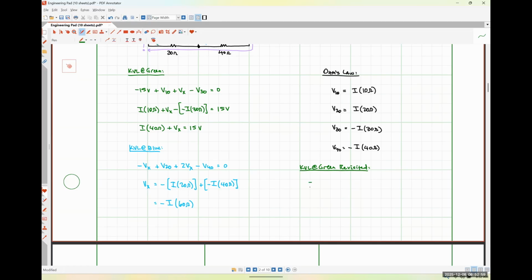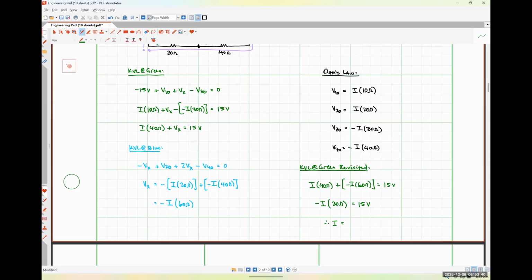I have I times 40 ohms plus Vx, where Vx is negative I times 60 ohms, is equal to 15 volts. So that looks like negative I times 20 ohms, or I times negative 20 ohms, however you choose to distribute your minus sign there, is equal to 15 volts.